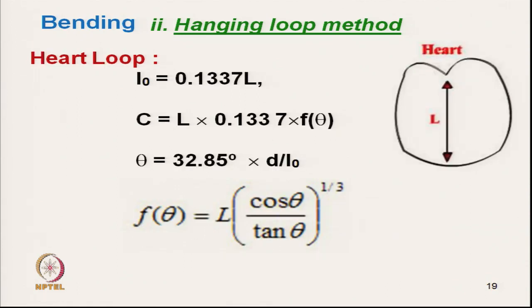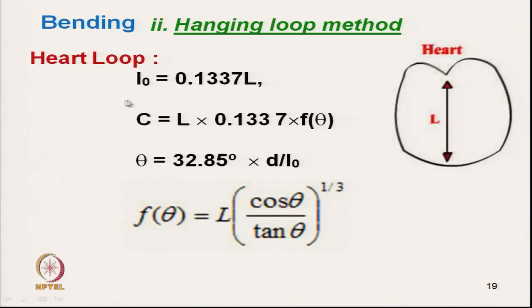Similarly, in the Hart loop method, as I have already shown, this is the L length after deflection, a small l. Here the capital L is the length of the total strip.